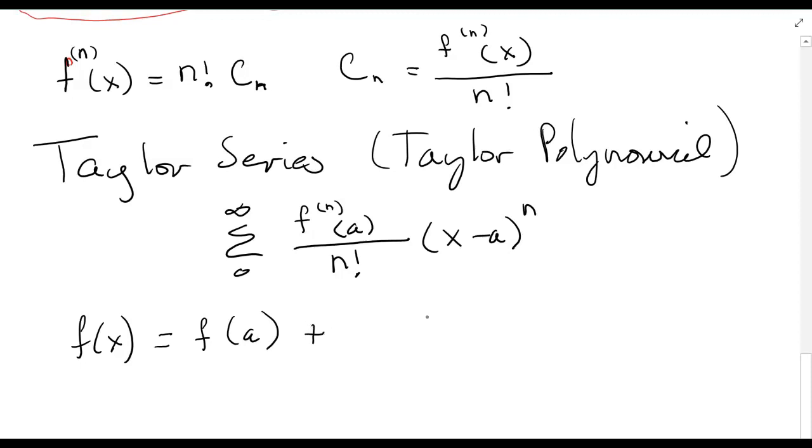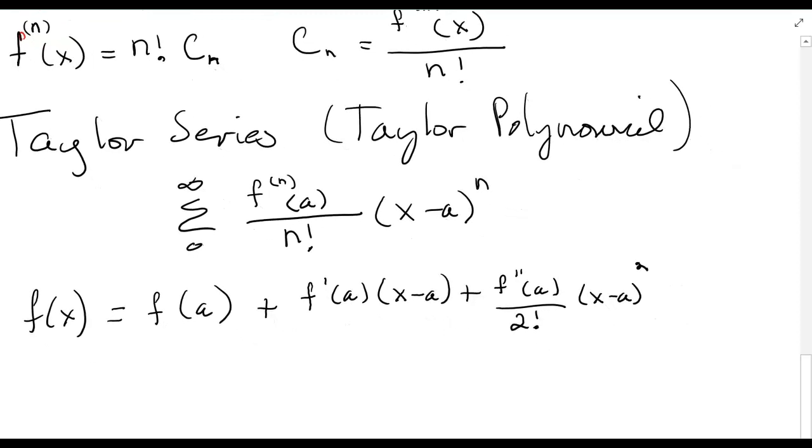Plus the first derivative of a over 1 factorial, so we don't need that, I can get rid of that fraction bar, and that's just times (x minus a). Then the second derivative of a over 2 factorial, which is just 2, times (x minus a) squared.